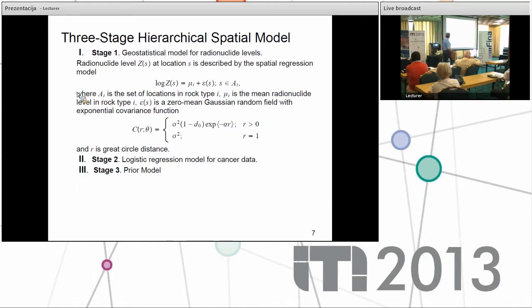The model includes a mean that depends on the geology. Each location is categorized into different rock types, and the subscript i denotes which rock type I'm working with.